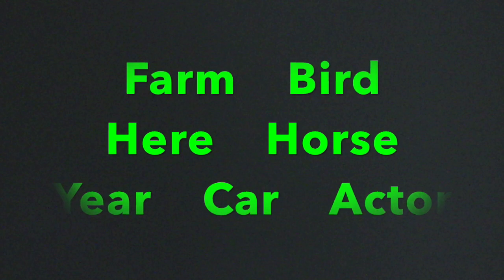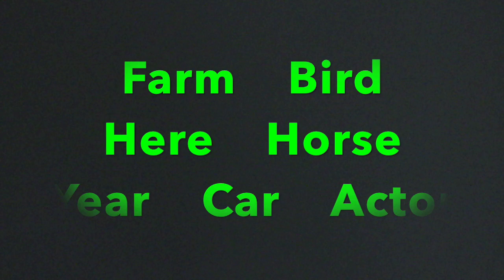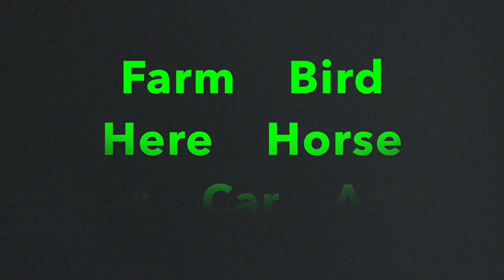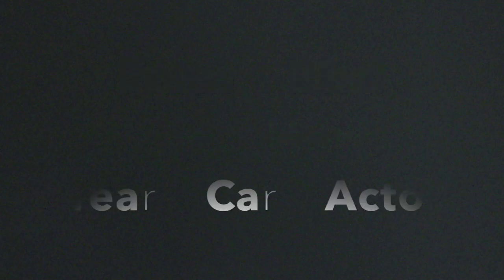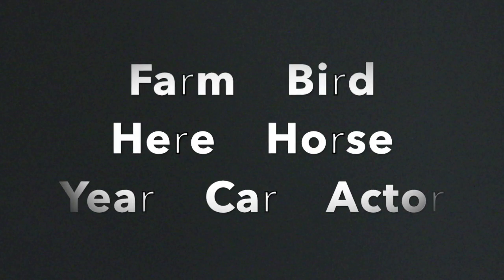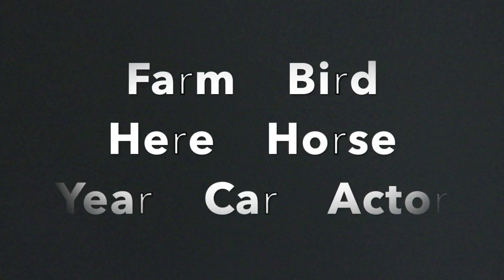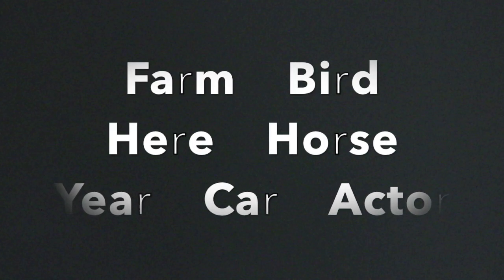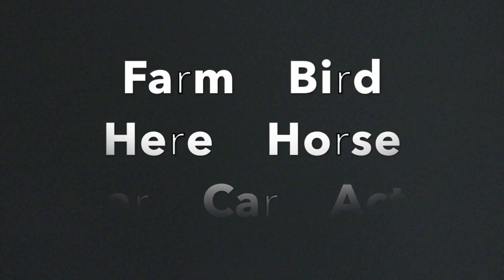Farm, bird, here, horse, year, car, actor. However, you could also say these same words without the R sound and you would still understand the word. Farm, bird, here, horse, year, car, actor.